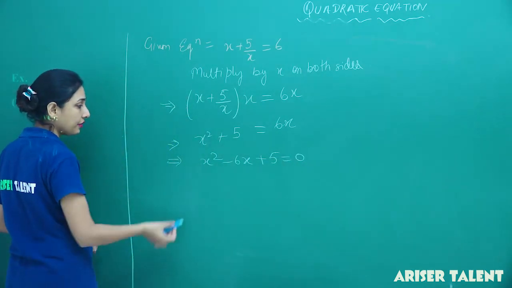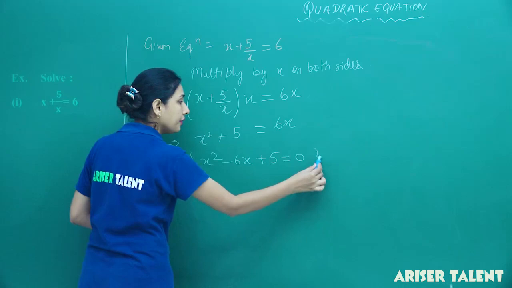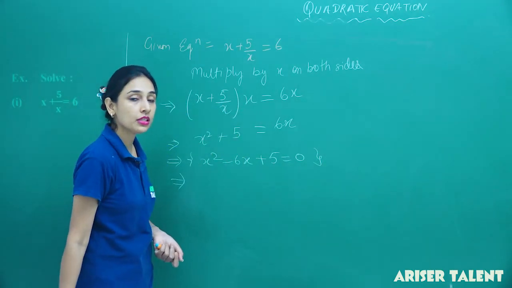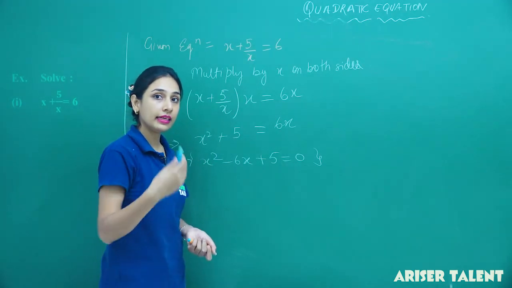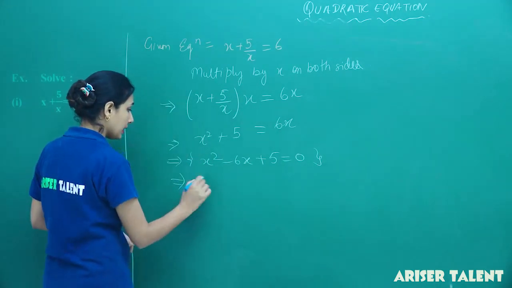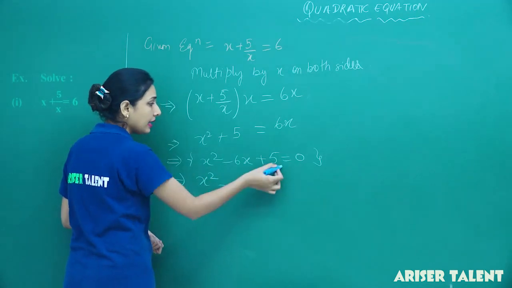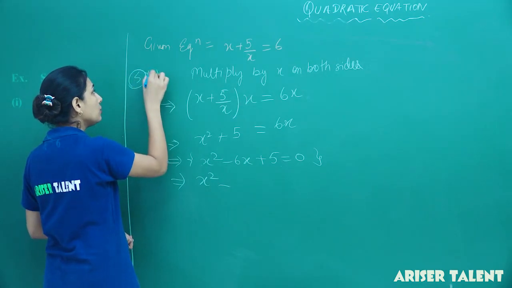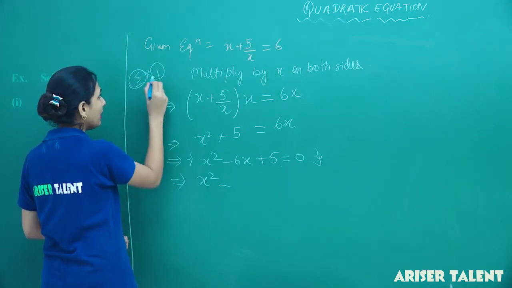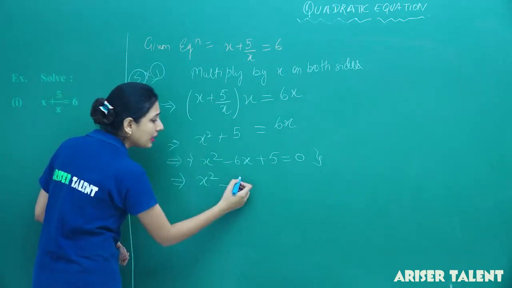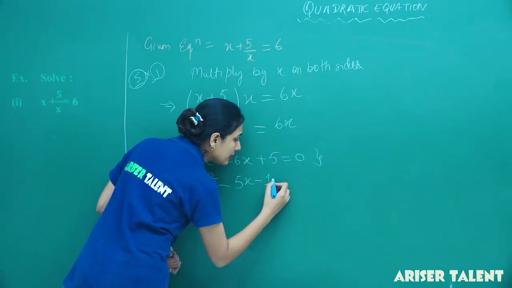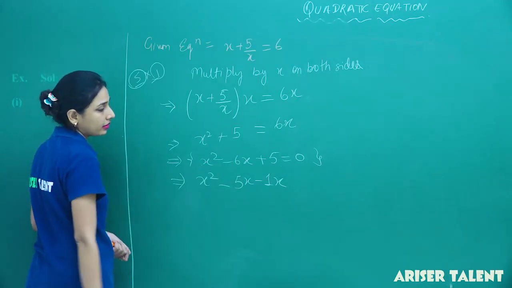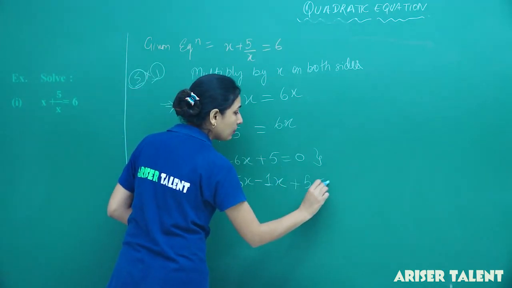Now, this is the equation we are waiting for. Now, we know what to do. We have solved these kinds of equations in class 9, in class 8. So, we can do that very quickly. x square minus 6x plus 5. 5 multiplied by 1 is 5. So, 5 and 1. 5 is prime and 1 is prime. So, nothing more can be done here. Just simply write minus 5x and minus x plus 5 equals to 0.